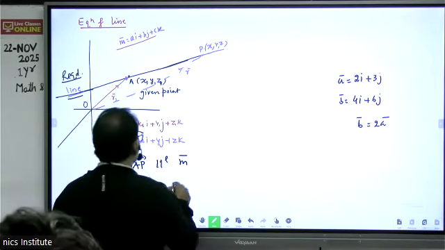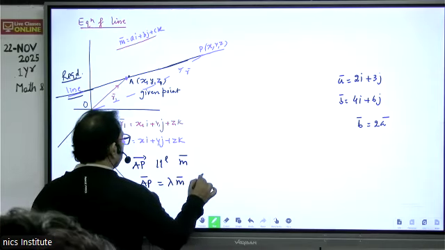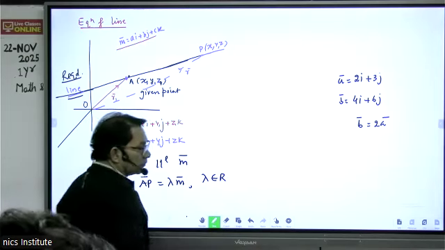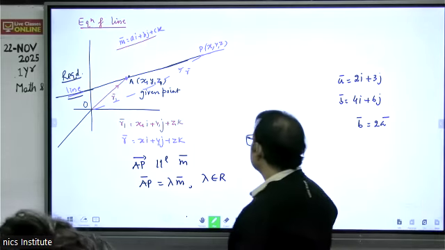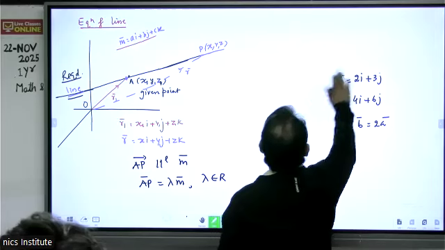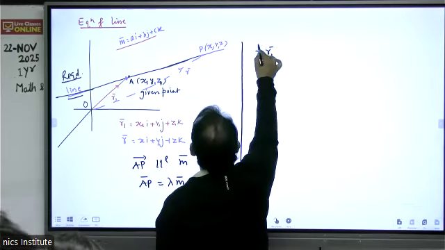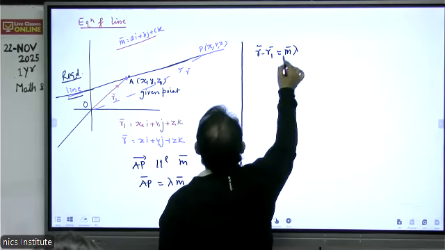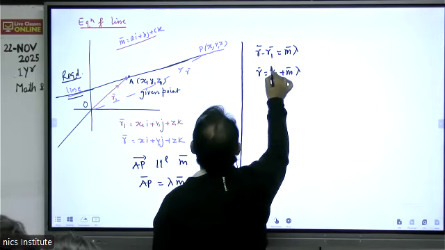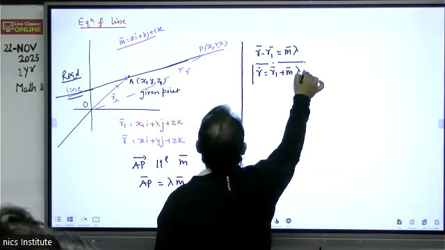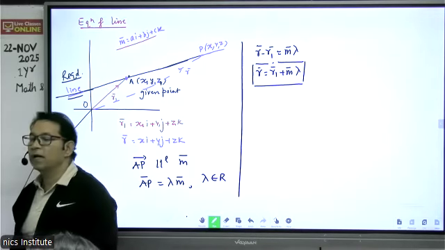That is, I can always write vector AP = lambda times m, where lambda could be any real number. What is AP? AP is R minus R1 vector = lambda m, and R = R1 + lambda m. This is the vector equation of a line. We have derived the formula for the vector equation of a line.